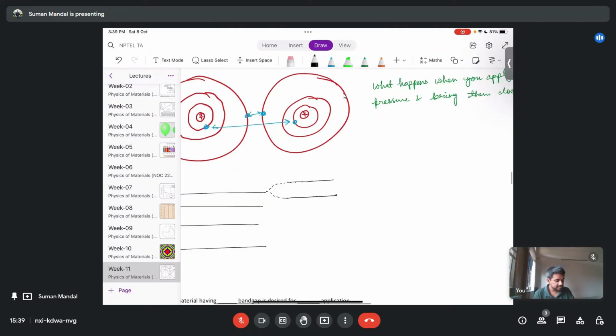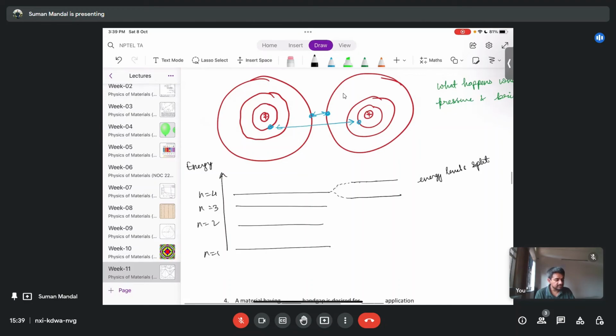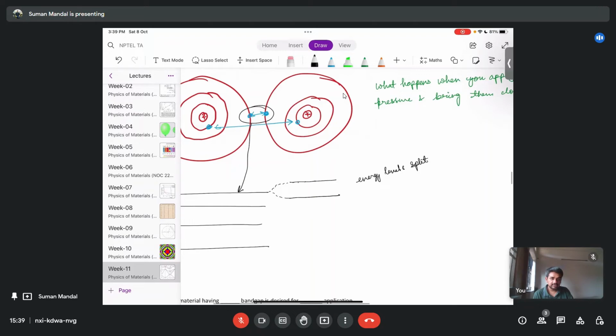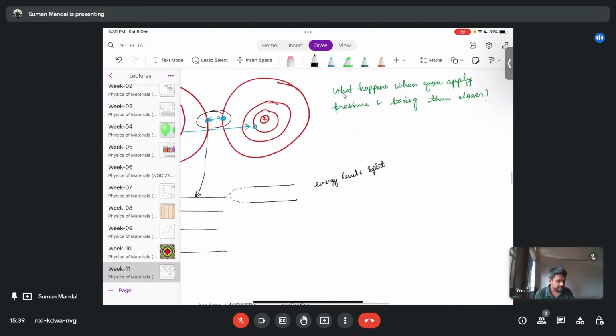But this happens only for the outermost atoms. Why? Because they are much closer to each other compared to the inner atoms. So the outer energy levels will split.